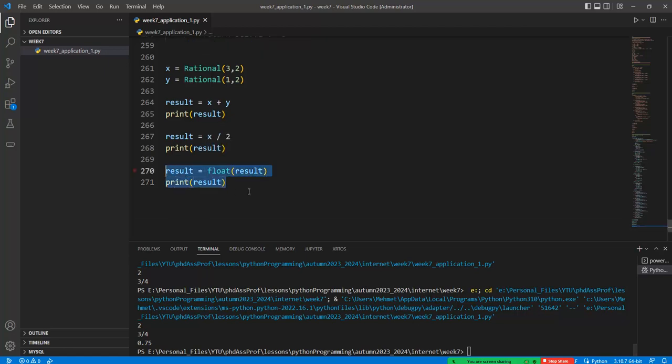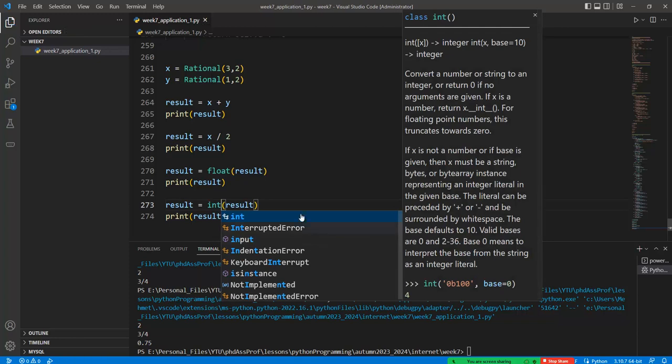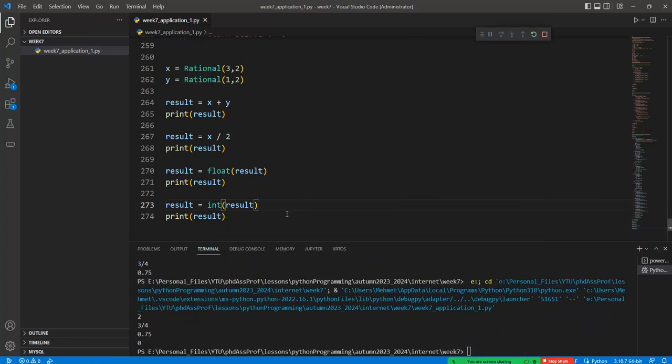Or we can convert to integer values like this one. And so the integer value returns 0, because 0.75 equals 0 in the integer type, okay?